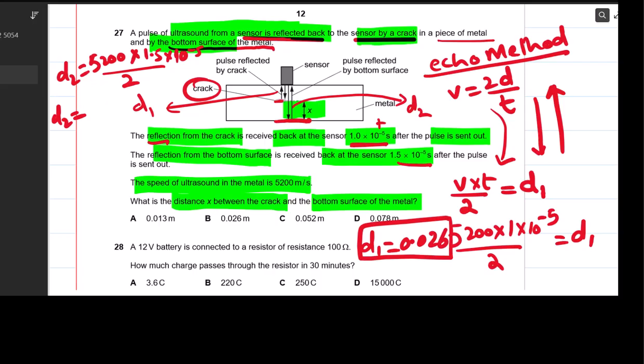It will be 5200 multiplied by 1.5 divided by 2. So 3900 multiplied by 10 raised to power minus 5.